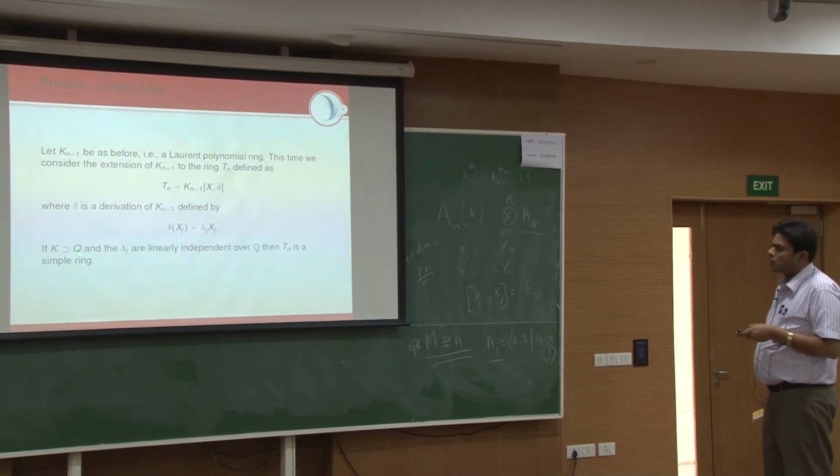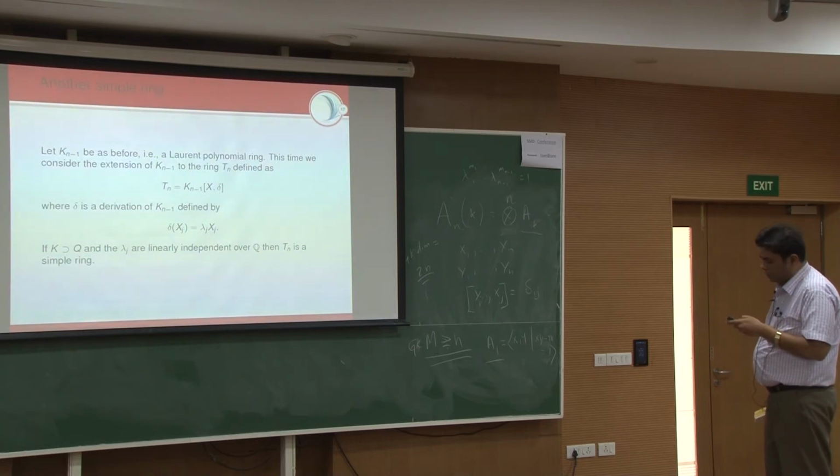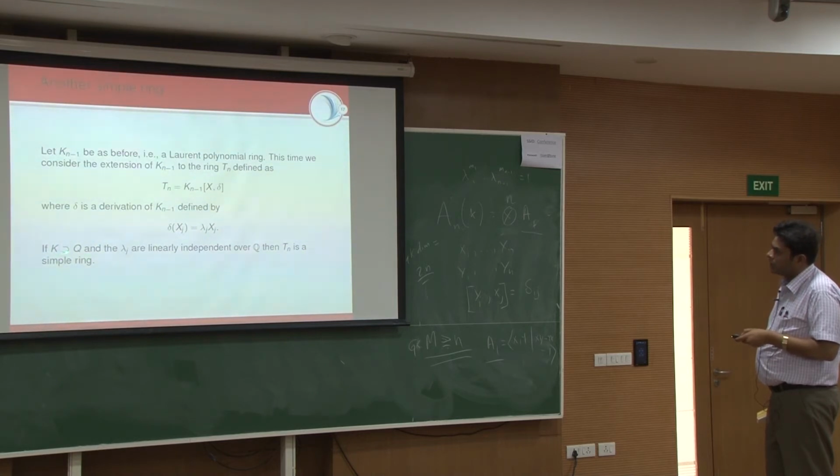Then McConnell had asked about the base field K here. If you go back to the definition of Kn minus 1, it is defined over a field K. So this should be little k.